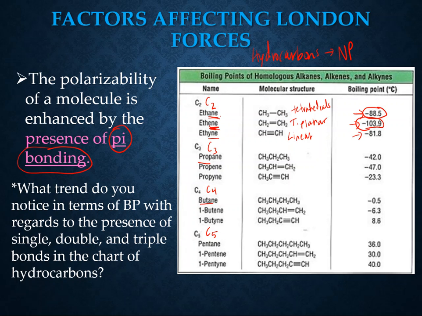It's about the polarizability of the cloud, and that's going to be mainly based off of the shapes here. The tetrahedrals more look like the long, skinny type thing, whereas these planar ones branch out a little bit. And the branching out is what's going to affect it. In this particular case, the double bonds are not stronger, because if you look at the boiling point, it's lower. Double bonds are stronger than single bonds within the molecule. Those intra forces are stronger.